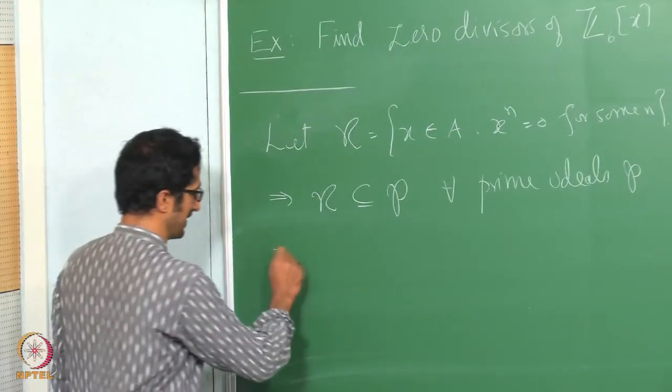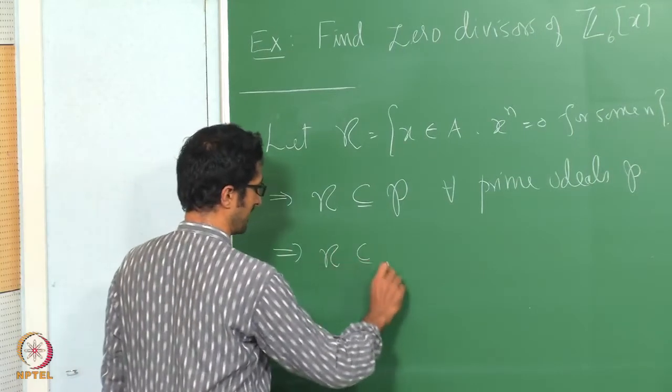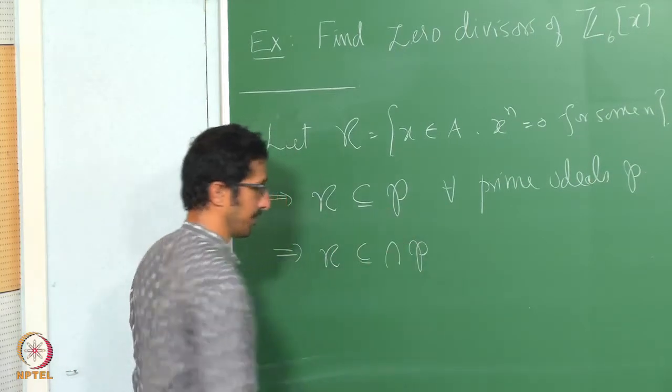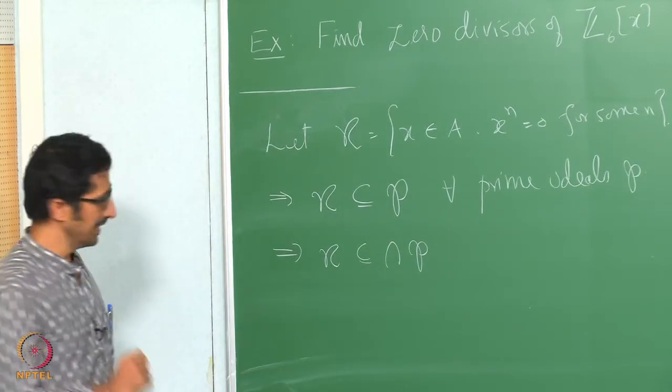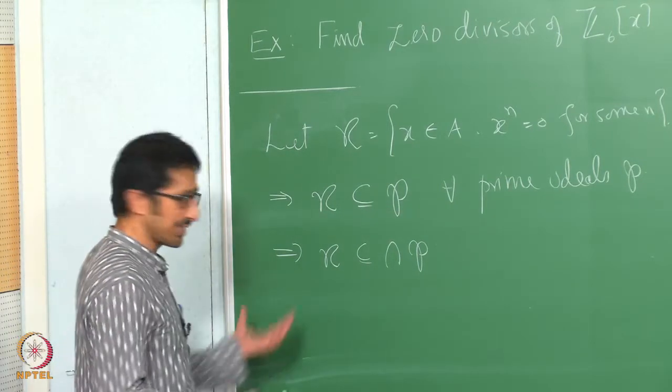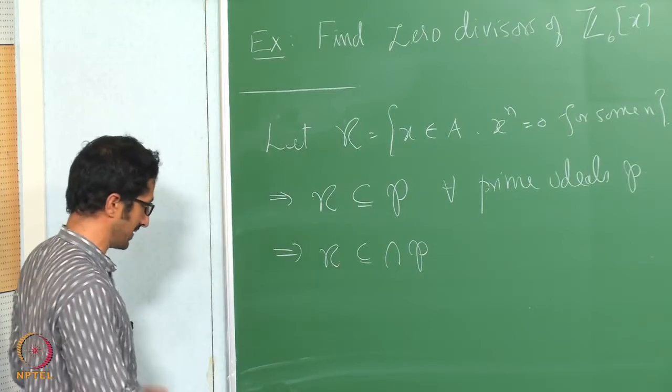So this implies that N is contained in the intersection of all prime ideals. So the natural question is whether this is equal, and we try to answer that.